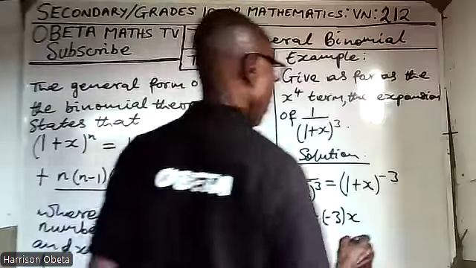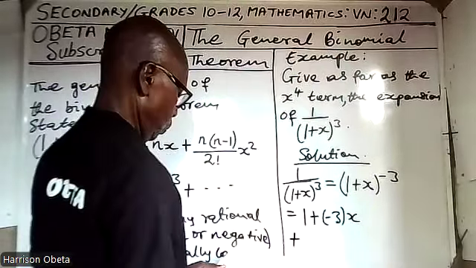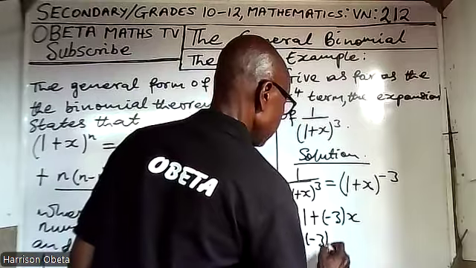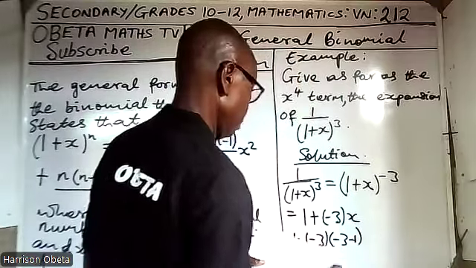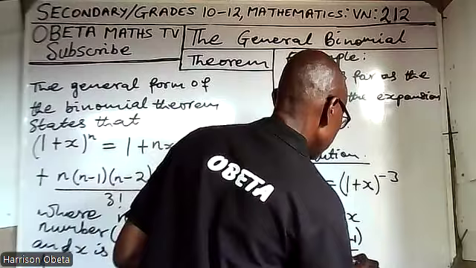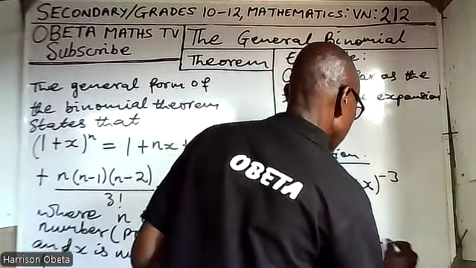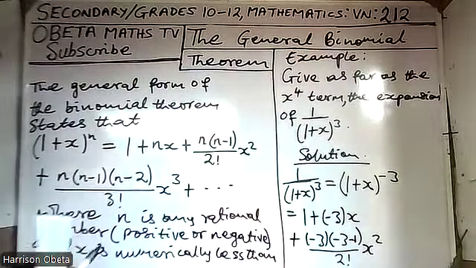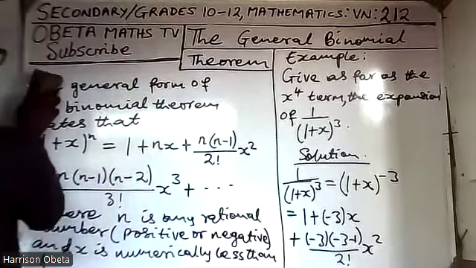then plus (minus 3)(minus 3 minus 1) all over 2 factorial, then x raised power 2.